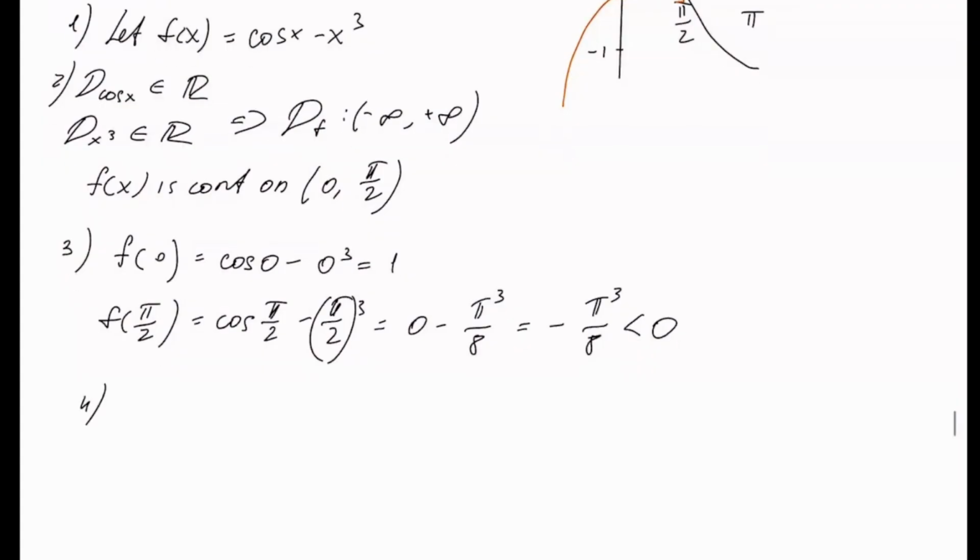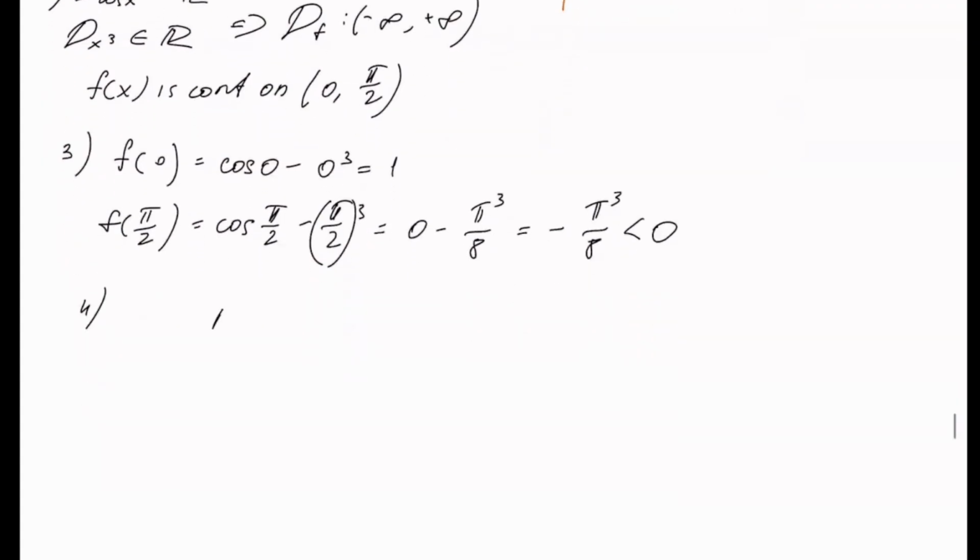So the conclusion for our n can be 0, right? Because it is between negative pi cubed over 8 and positive 1. So n can be 0. We can say n equals 0, right?